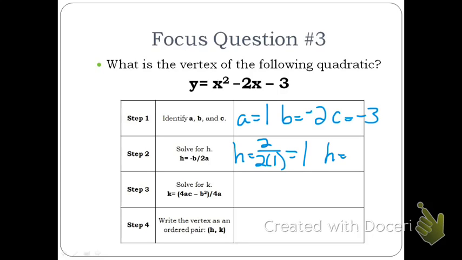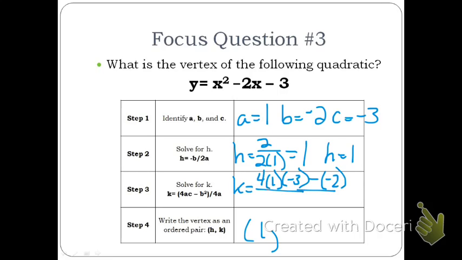So H is equal to 1. Our K value is 4AC, so 4 times A, which is 1, times C, which is -3, minus B squared. Our B is equal to -2.